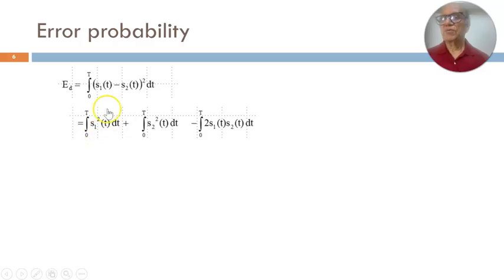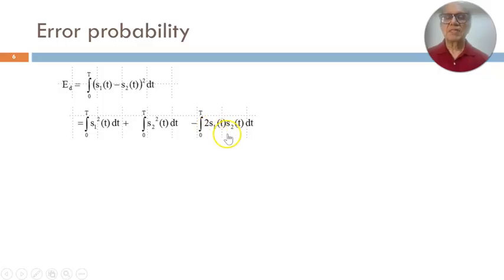So this integral of S1(t) whole squared plus S2(t) whole squared minus 2 S1(t) S2(t) integrated. This represents the energy of S1(t) over the bit time period. This represents the energy of S2(t) over the bit time period. And we are going to assume that the signals are such that generally these energies will be same. So if this is EB, we'll assume that this is also same.